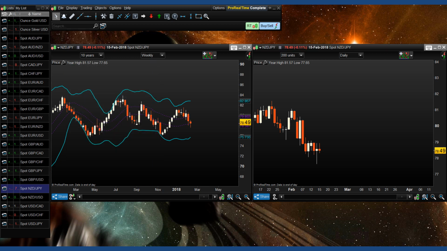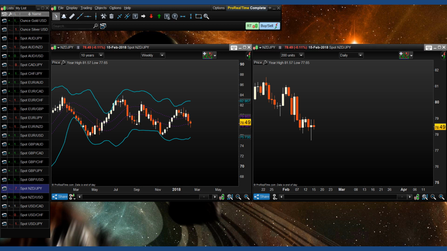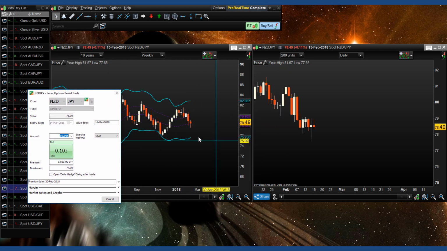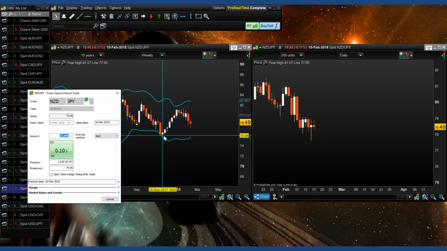Looking at the put side, you will see that it's a much more convincing number. So here we go. I'm selling 75 put. 75 is below the volatility band that I'm looking for. So that ticks that box right there, and it's also below this low here.